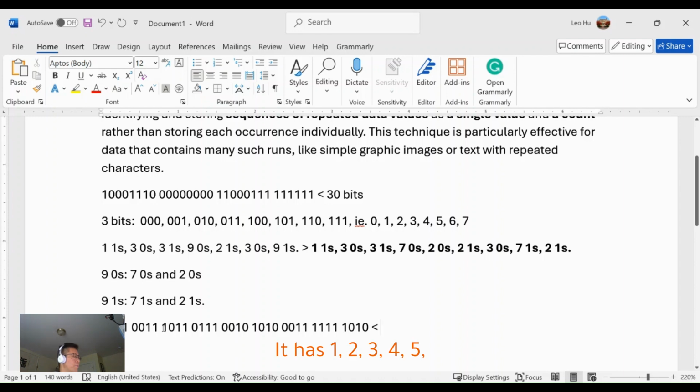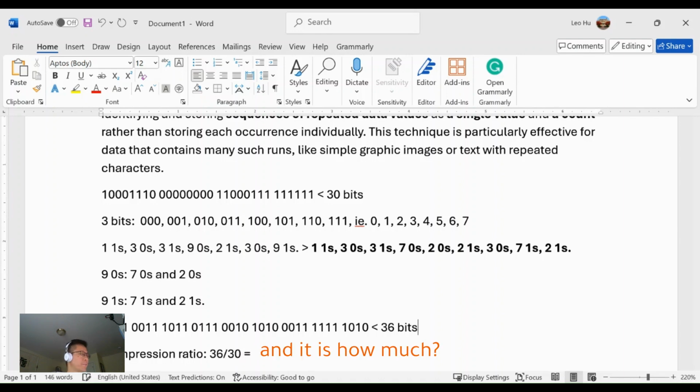It has 9 groups of 4 bits, which is 36 bits. So the compression ratio will be 36, the resulting bits, divided by 30.